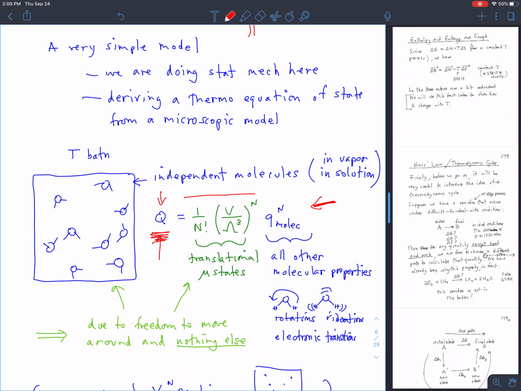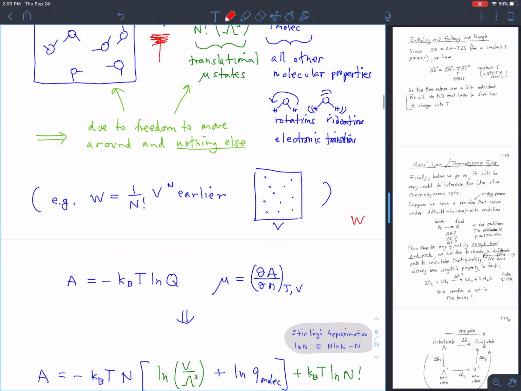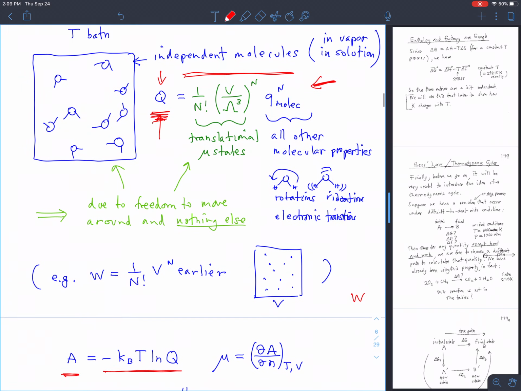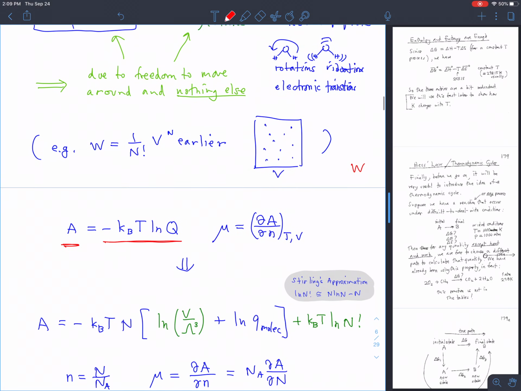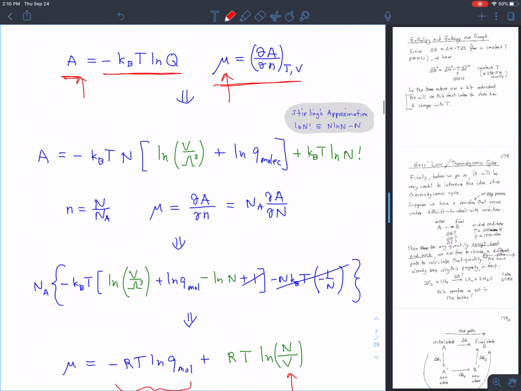Anyway, once we take this to be a given, then we can use the fact that the Helmholtz free energy is minus kBT times the logarithm of the partition function, and the fact that the derivative of the Helmholtz free energy is the chemical potential.